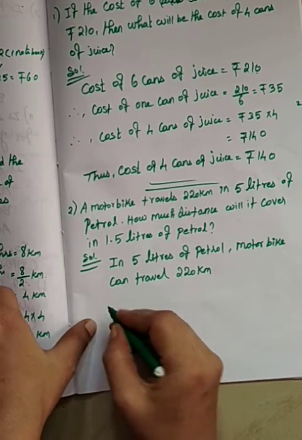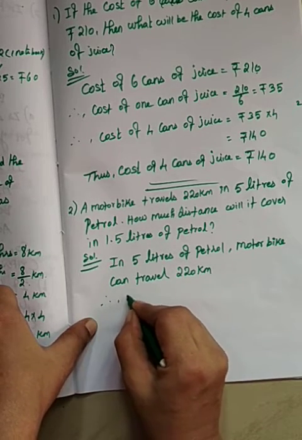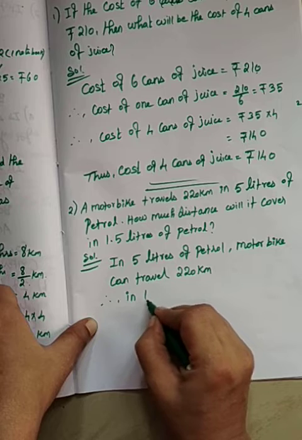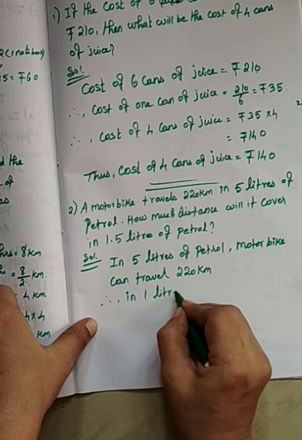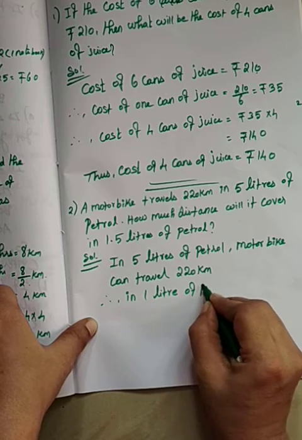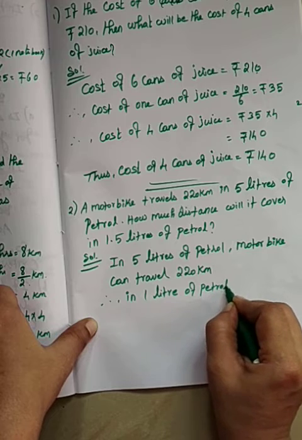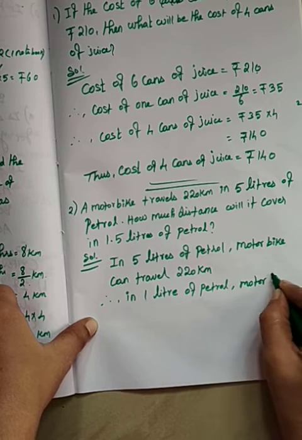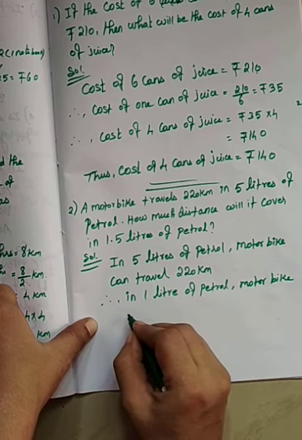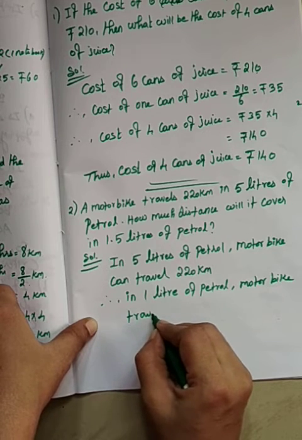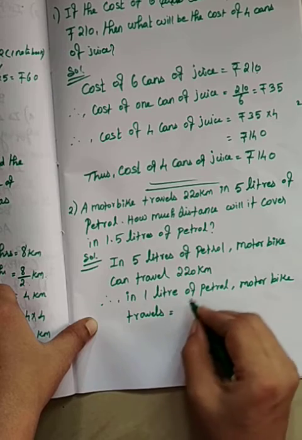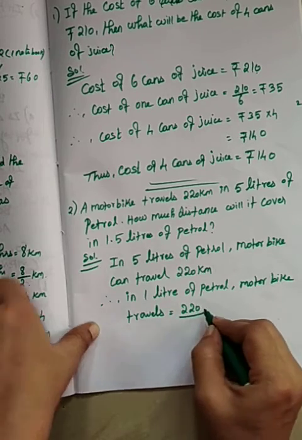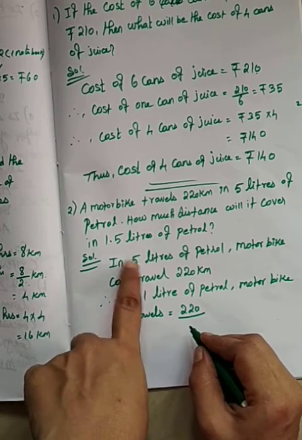Okay, therefore you have to find in 1 liter of petrol motorbike travels is equal to what is that? 220 divided by, you can take in this 5.